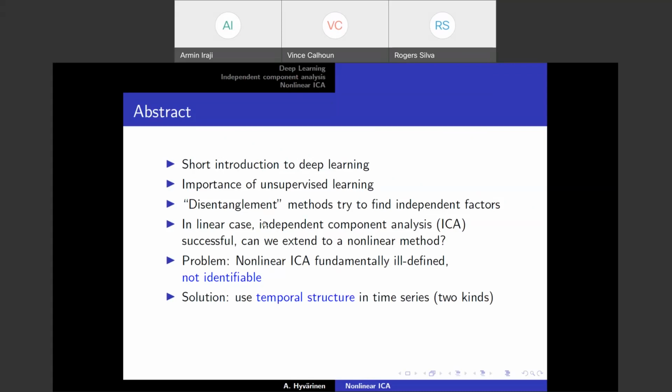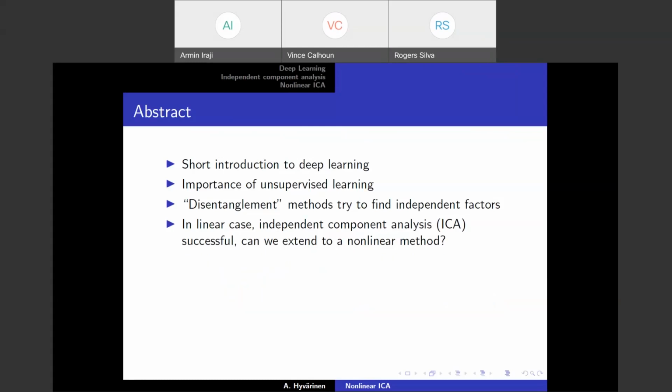But anyway, I will start the talk with a short introduction to deep learning, and I will emphasize the importance of unsupervised learning. In unsupervised learning, people often talk about disentanglement, which is a rather vaguely defined term, which means something like methods trying to find independent factors. In the linear case, this has been done quite successfully by independent component analysis, ICA.